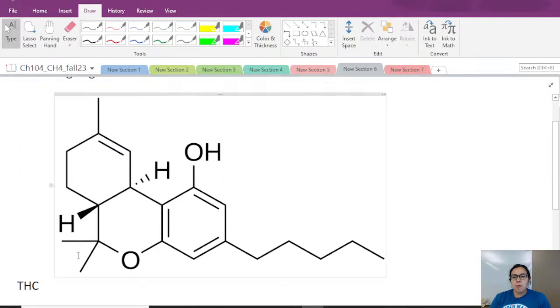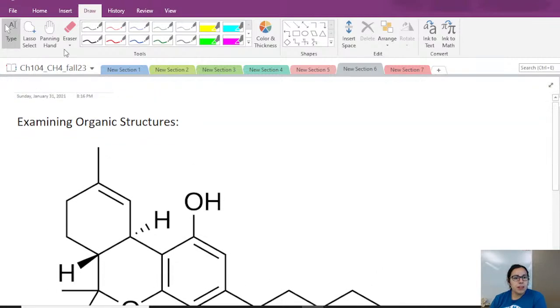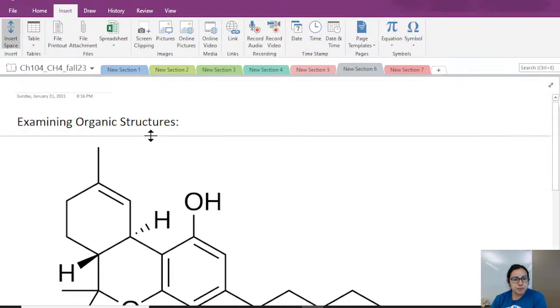So do we remember how to look at these organic structures and write the formulas? At least a lot of people are telling me no, so that's a good thing that we practice and we're looking at it again. So, a quick refresher as we look at this.